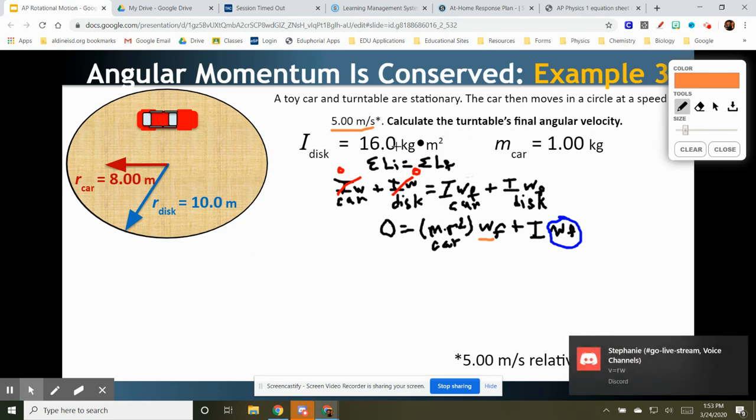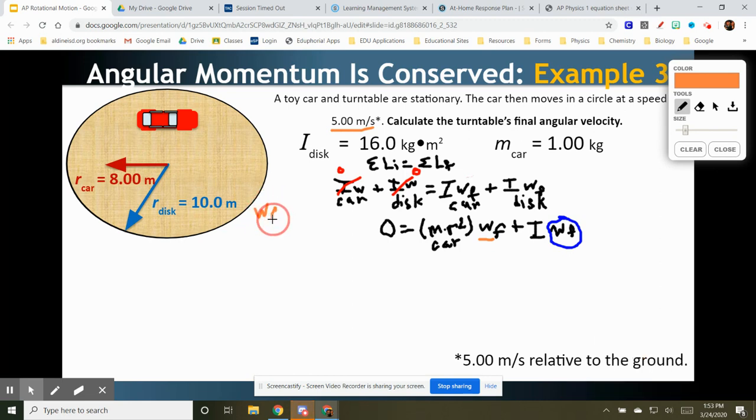Thank you, Stephanie. Okay, so I have velocity and I have the radius of where the car's at on the turntable. So I get to use that value.